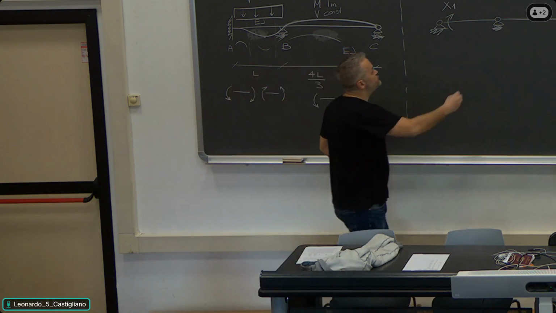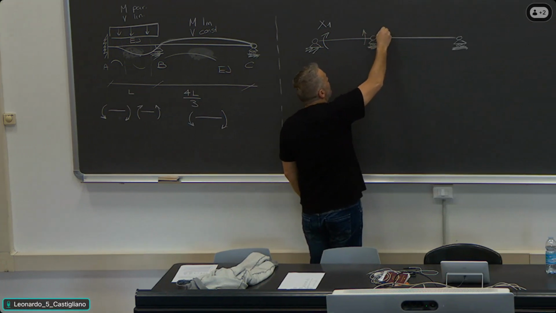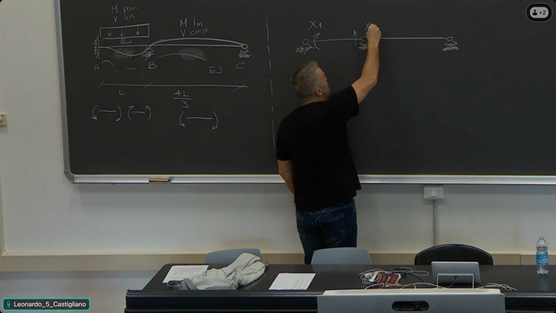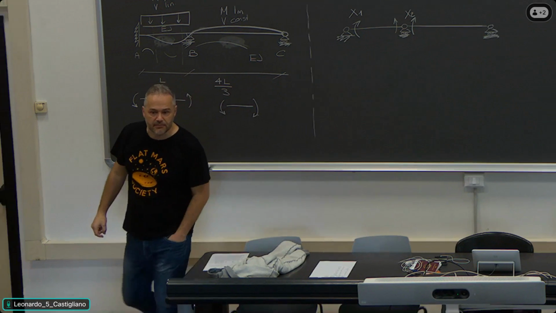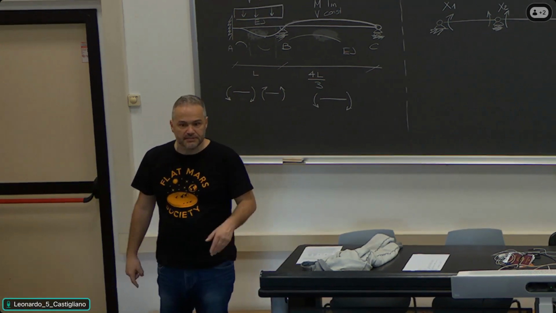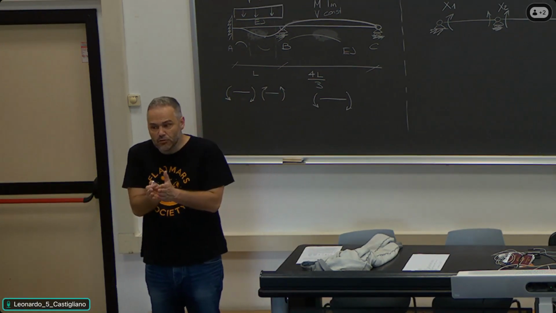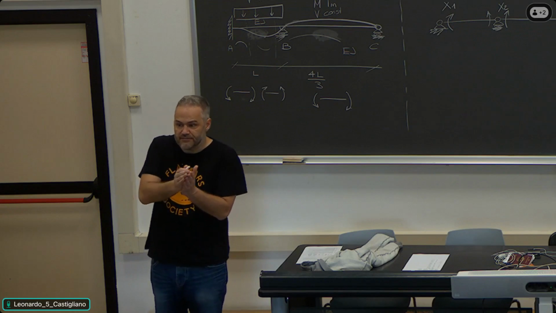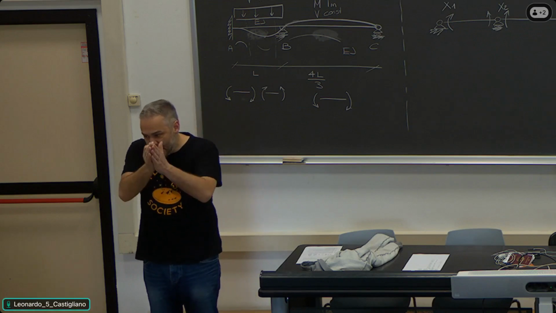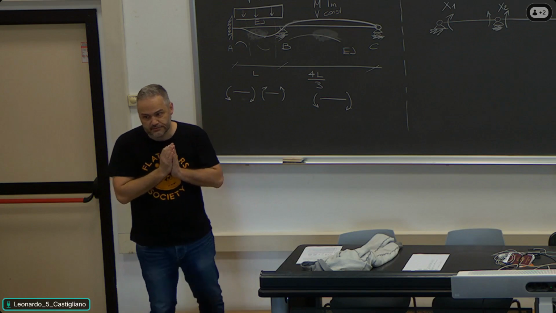And then there is x2 here, and I have to draw it twice because it's not an external bending moment, it's an internal bending moment, which means the bending moment which is exchanged between the left span and the right span at the center support.